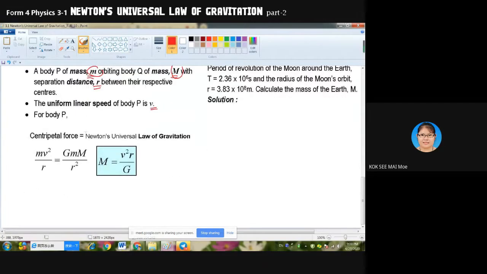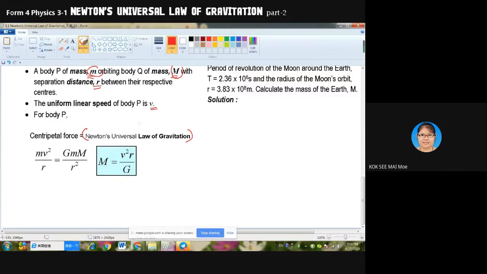the centripetal force, now we make it equal to Newton's universal law of gravitation. Remember this one or not? Still remember this part? We learned it from statics. You can turn your notes to the first page. The first page we learned about Isaac Newton, the topic Newton's universal law of gravitation.